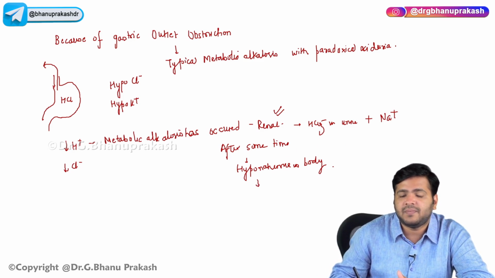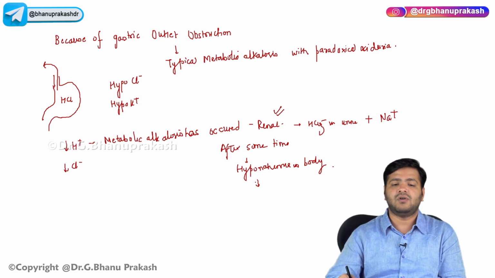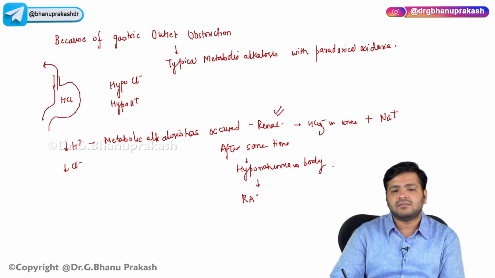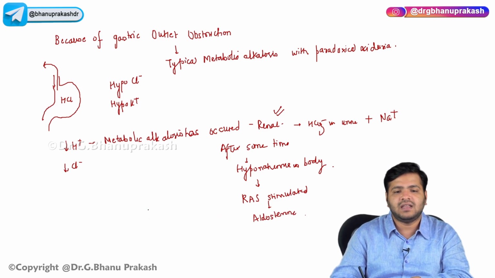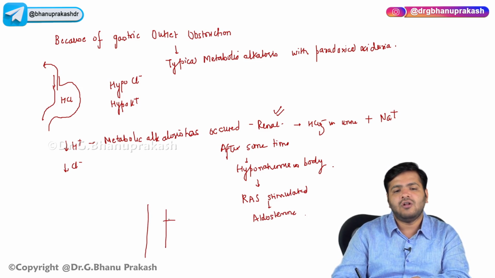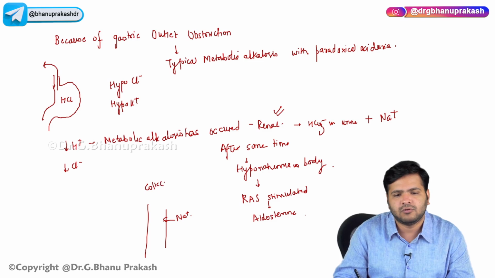This hyponatremia, we have less amounts of sodium in the body now. What will happen? The RAS will get stimulated. The renin-angiotensin system will get stimulated. Okay. What will happen? This aldosterone will be activated, and it will actively take all the sodium in the collecting tubule, in the collecting duct, right?